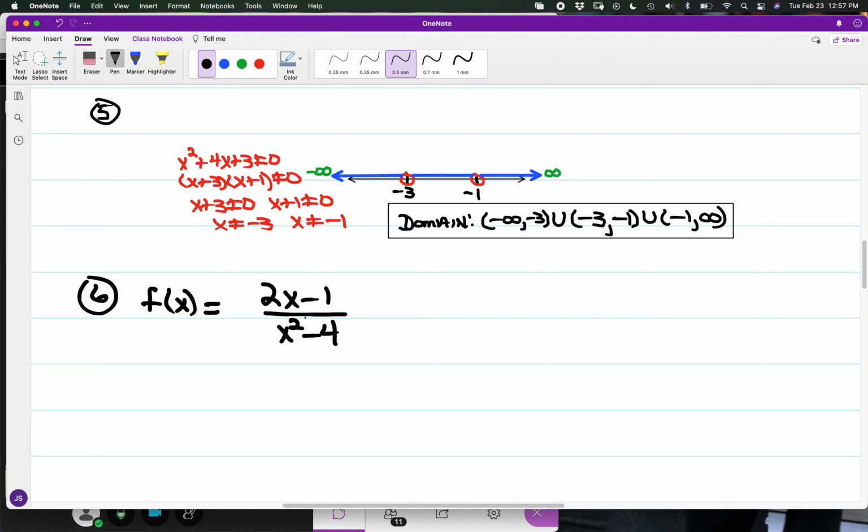Again, a little history is going to repeat. We have another rational expression, and the denominator cannot be 0. So x squared minus 4 cannot be 0. Looking at factoring, the quantity x plus 2 times the quantity x minus 2 cannot be equal to 0.